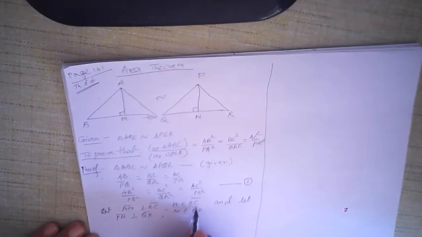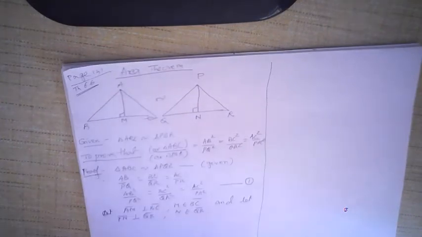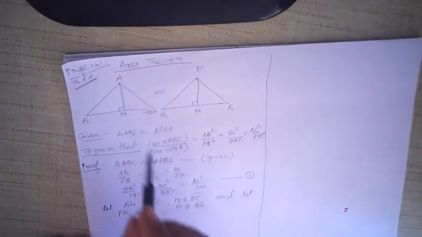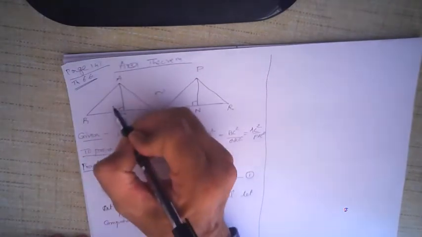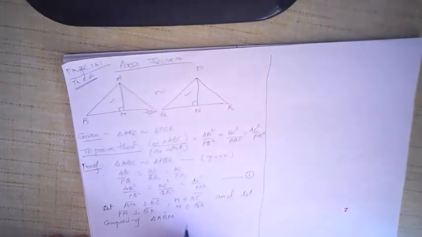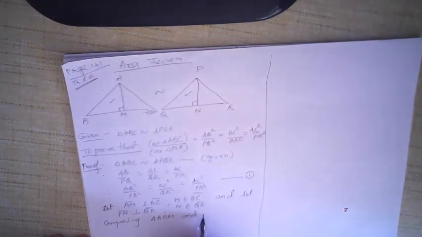So they are perpendiculars. Perpendiculars means altitudes. Now let us compare triangle ABM, this small triangle, and this small triangle, triangle PQN.